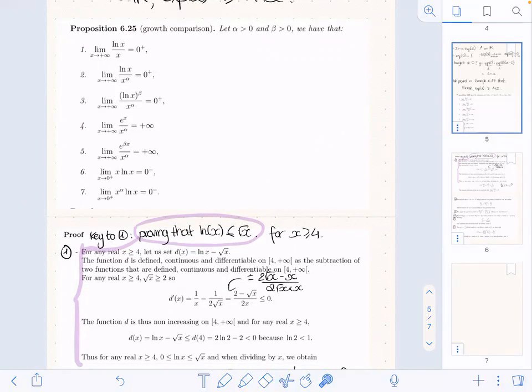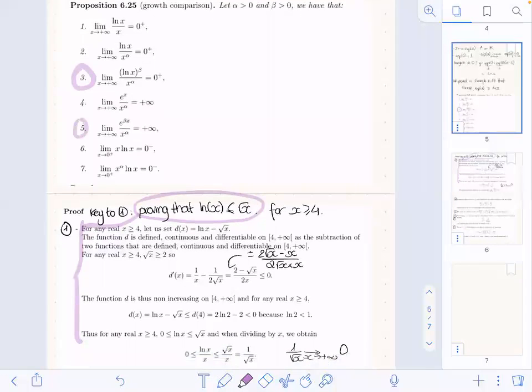Now, 7 properties probably seems like a lot, but there are actually only 3 here. You've got 3, which includes 2 and 1. You've got 5, which includes 4 and 5, and then 7 includes 6 and 7. So you need to know basically 3, 5, and 7 going forward. You can remember it with the not very mathematical idea that logarithm is weaker than polynomials at plus infinity.